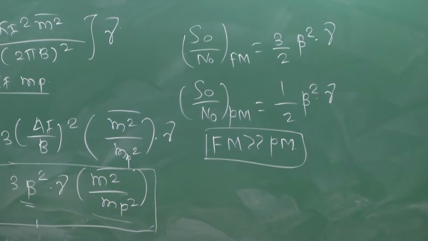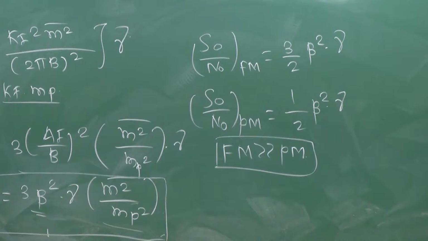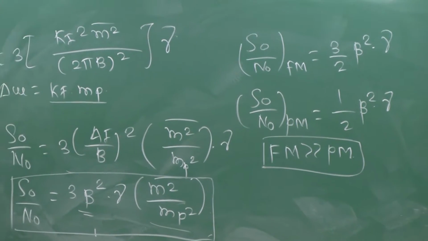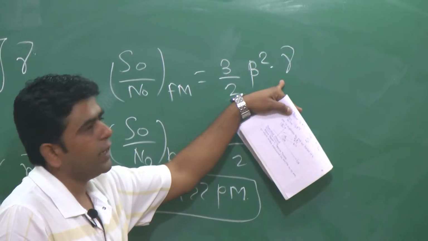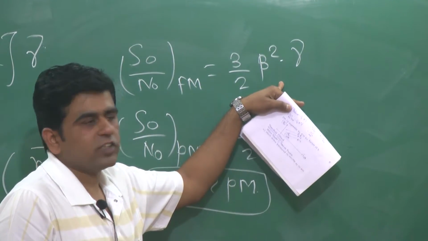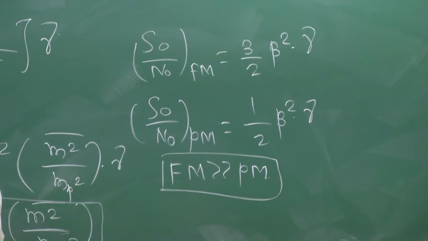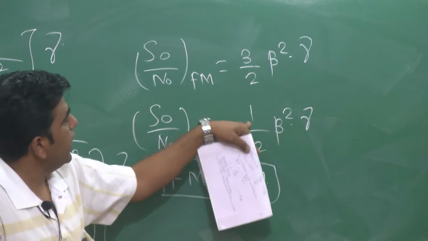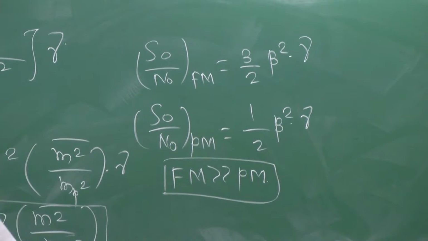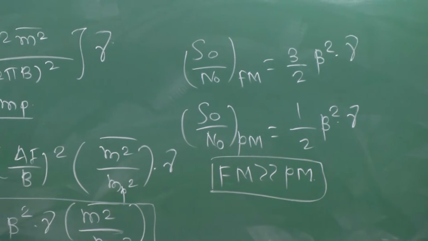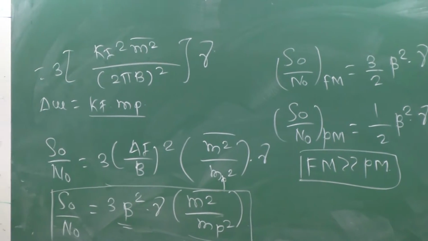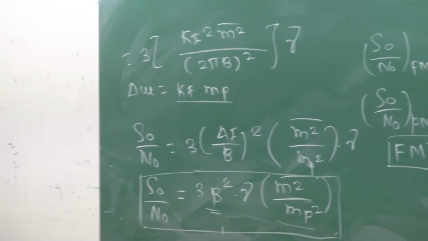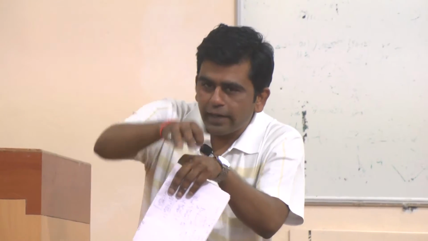For FM it is 3/2 beta square into gamma, where beta is the modulation index and gamma is the input signal to noise ratio. Here the quantity 3 is present. For PM, it is 1/2 beta square into gamma. So for the same input signal to noise ratio, the same beta and the same bandwidth, FM gives superior performance by a factor of 3, meaning we get a higher output signal to noise ratio.